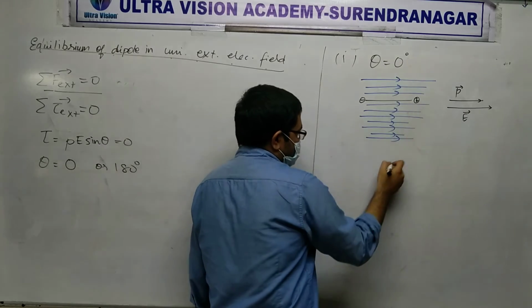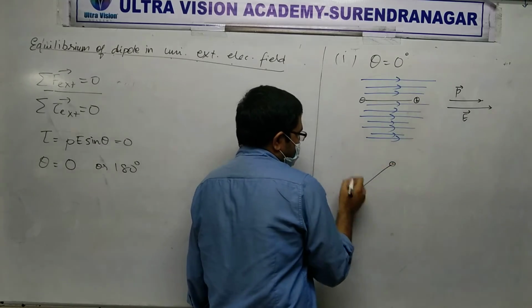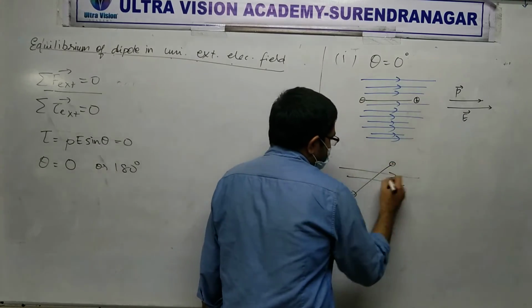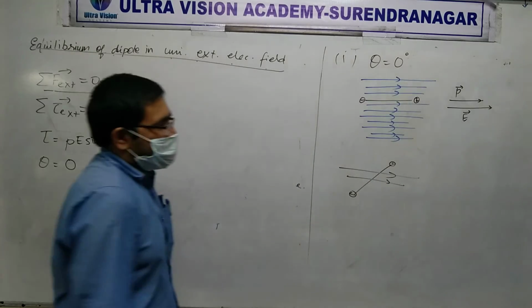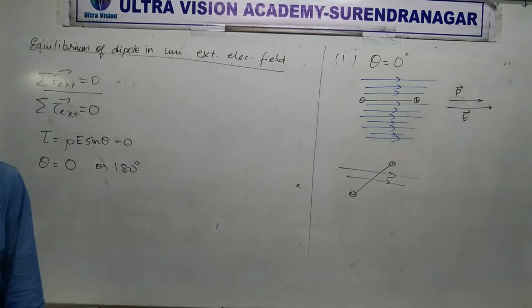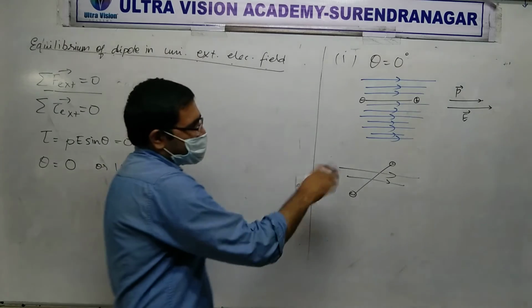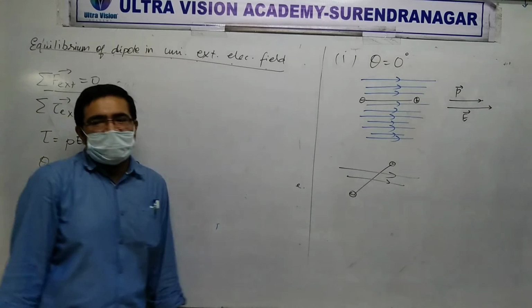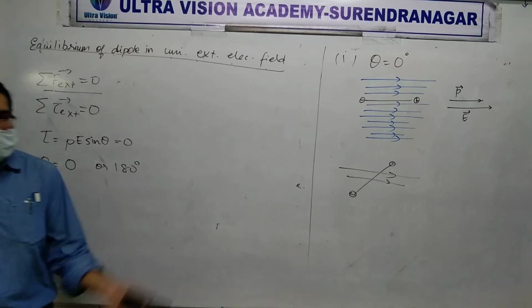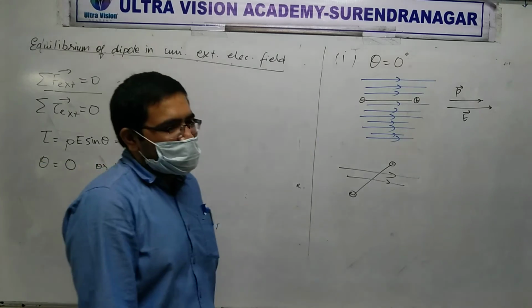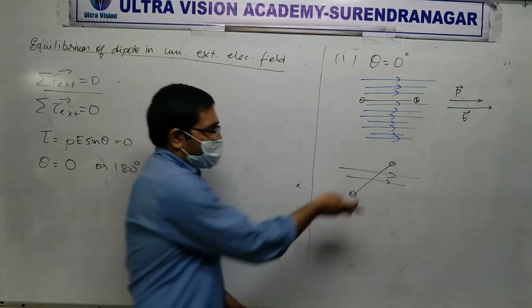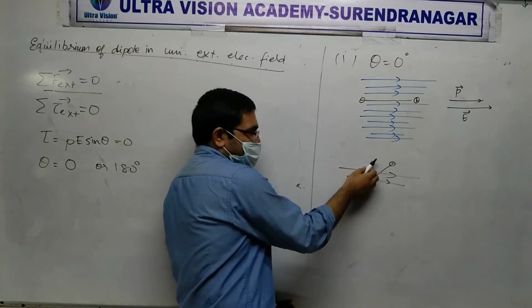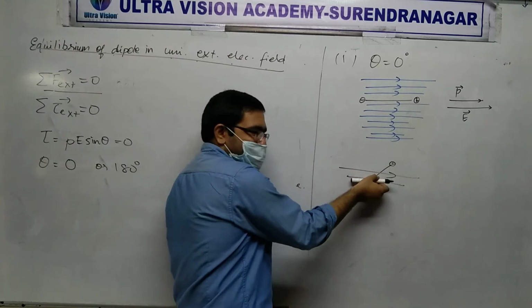Okay, so let's displace it a little bit. Suppose instead of being horizontal, we tilt it at some angle. Then what would happen? Will it come back to this equilibrium position, whether we turn it clockwise or anti-clockwise? If you turn it clockwise, then on its own it will turn back anti-clockwise.